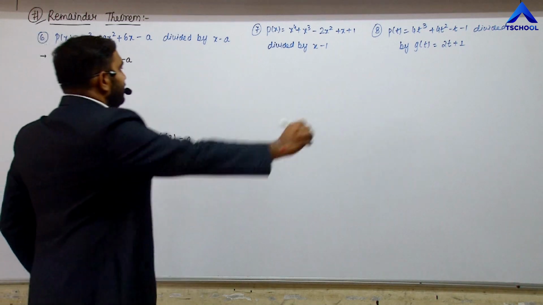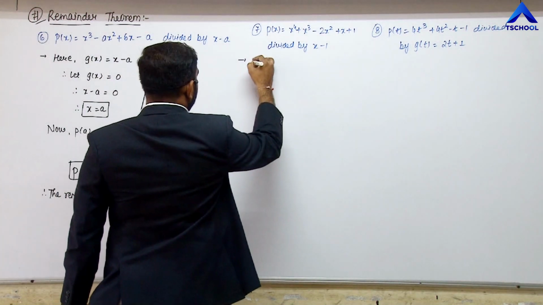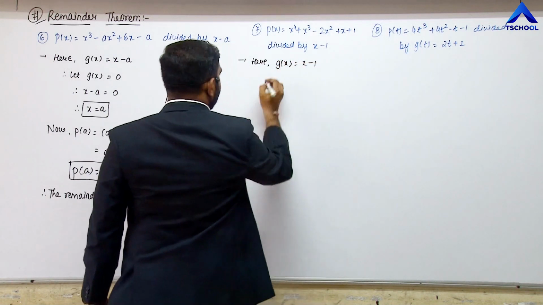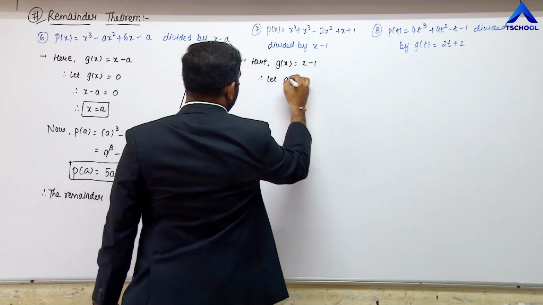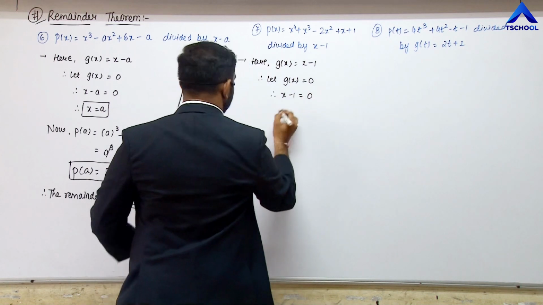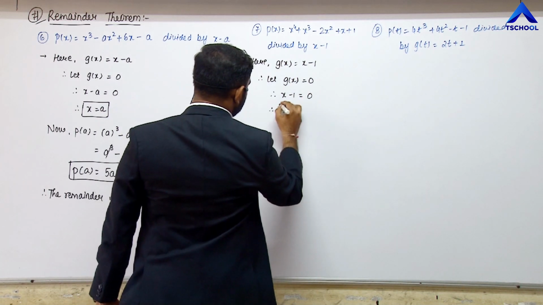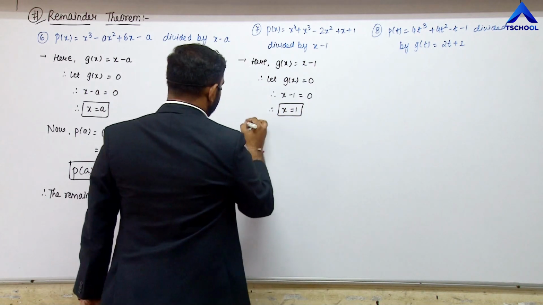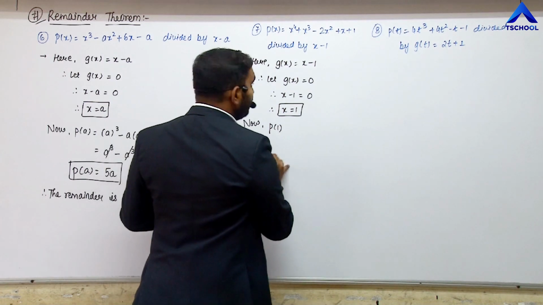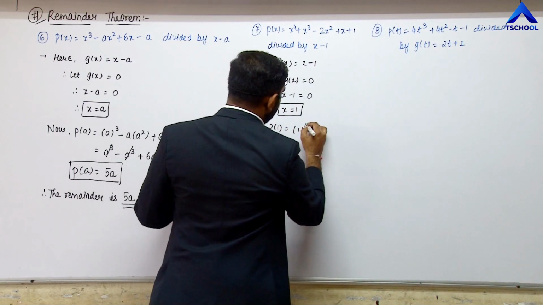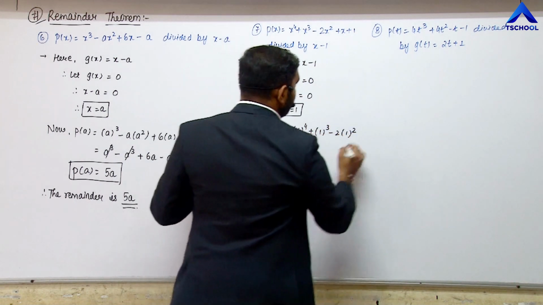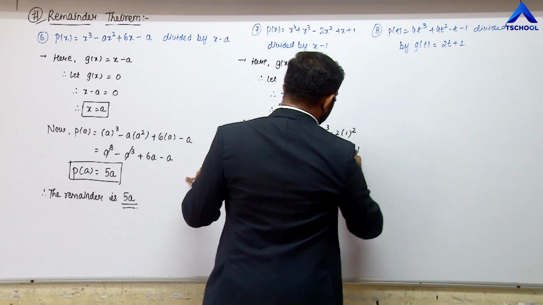Now moving on to the seventh one. Here g of x is equal to x minus 1. Therefore let g of x equal 0, therefore x minus 1 equals 0, and hence x equals 1. Now we shall find p of 1. So p of 1 is 1 raised to 4 plus 1 cube minus 2 into 1 square plus 1 plus 1.